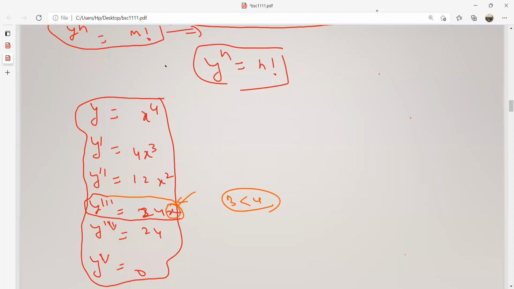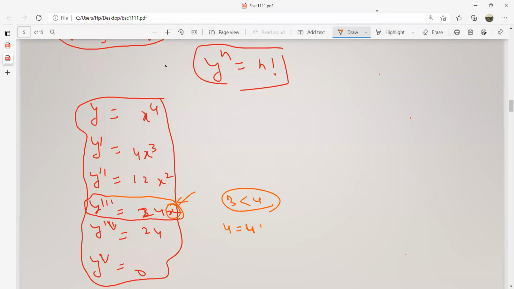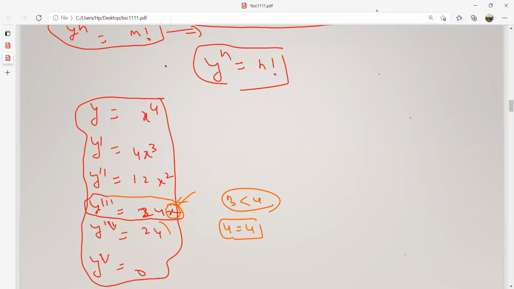But if the derivative order and the degree of the polynomial are the same, then we always get a constant value. And if the derivative order is more than the degree of the function, then we always get the answer 0. These are the three cases for a polynomial function. Did you get it? Yes, sir. Okay.